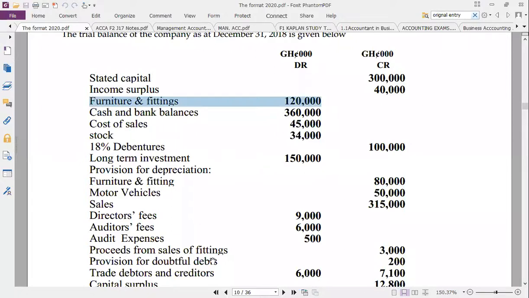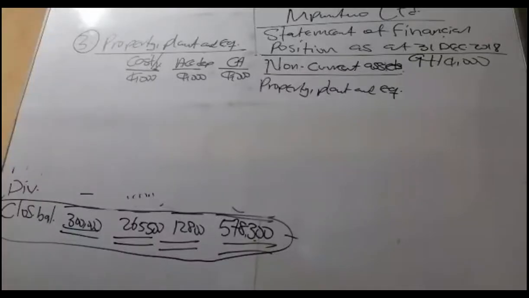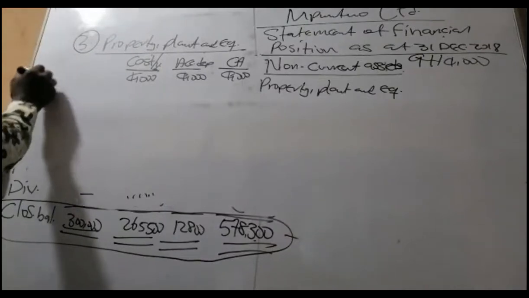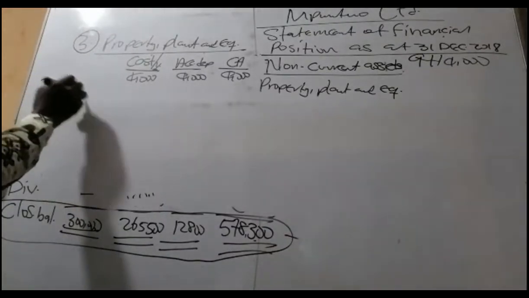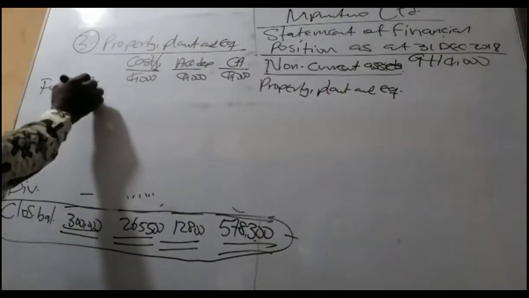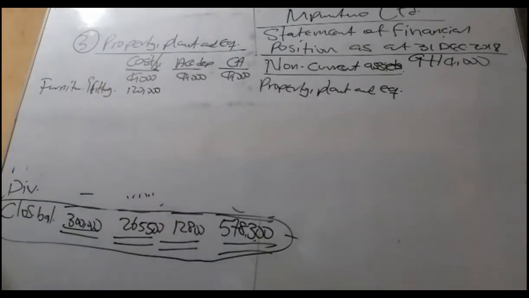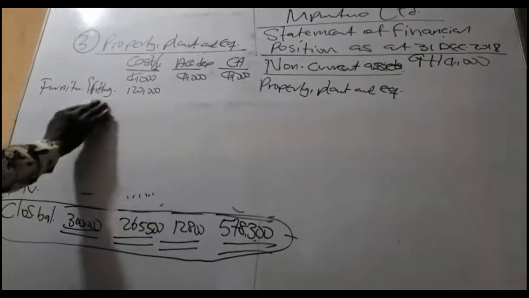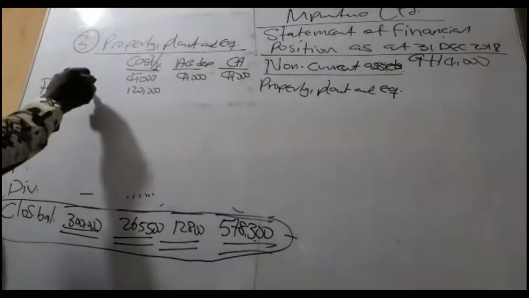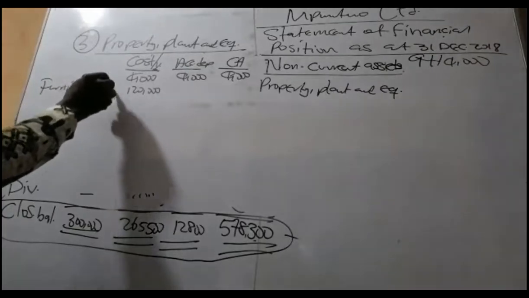F and F, furniture and fittings, 120. So furniture and fittings, 120. Good.